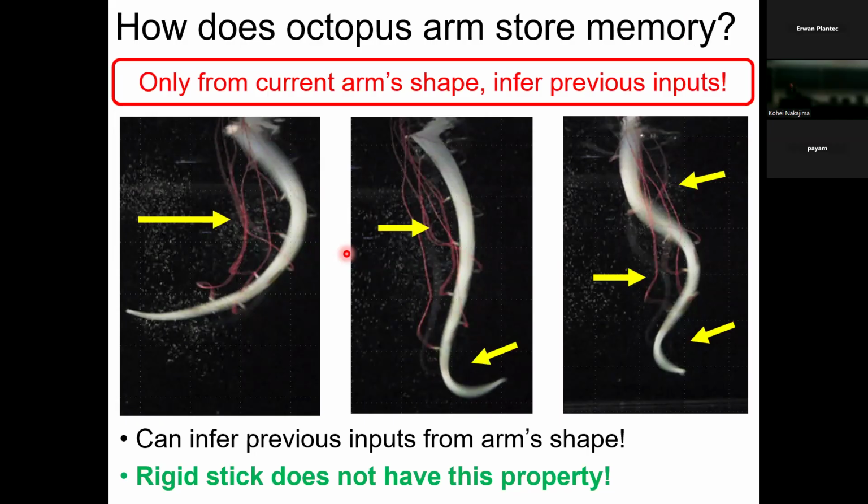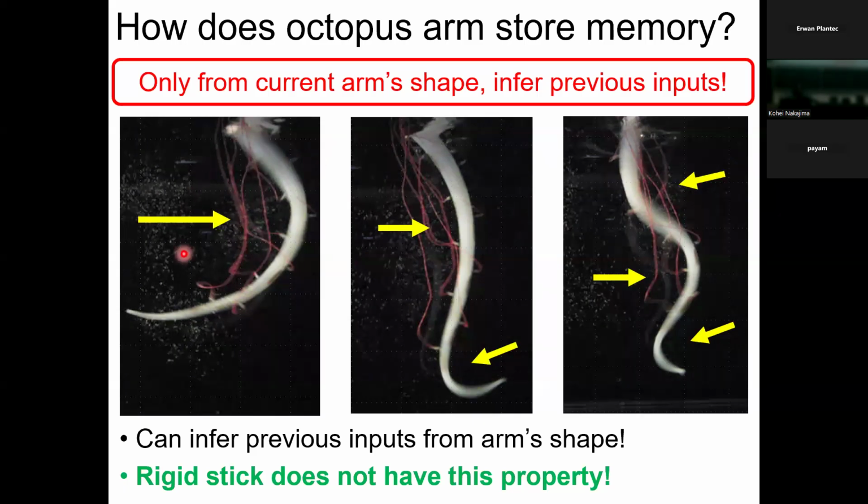It means that we can only understand the current posture of this body. By checking the current posture of the body, can we infer what was happening as an input? The input is a motor command, left or right. And for example, when you check this posture, we can infer what was happening previously in the motor command, right?